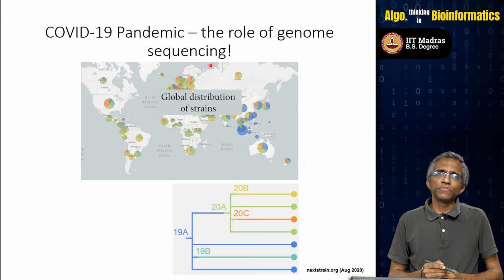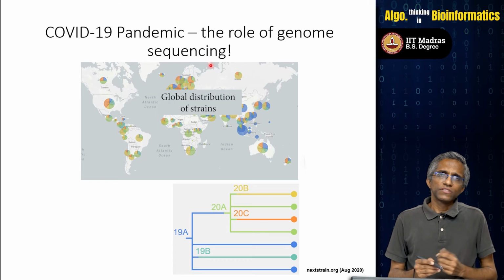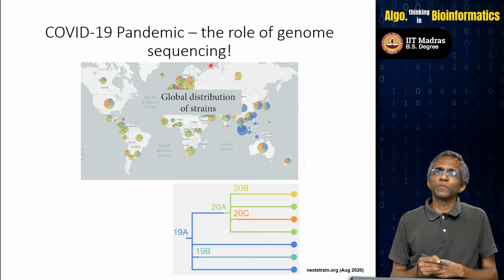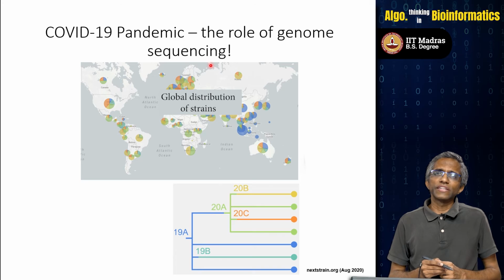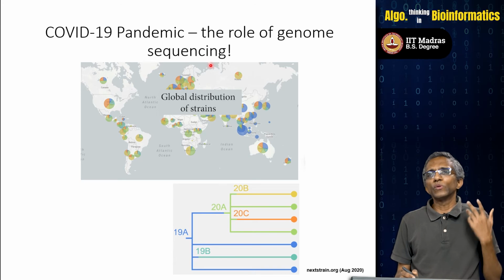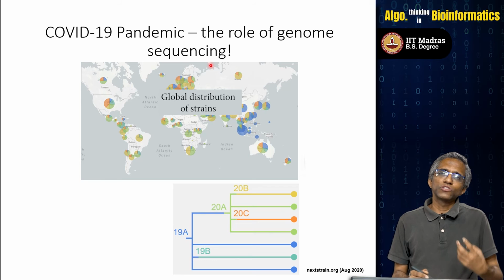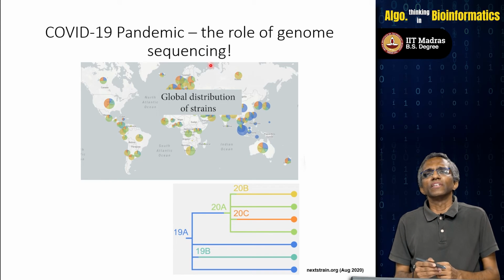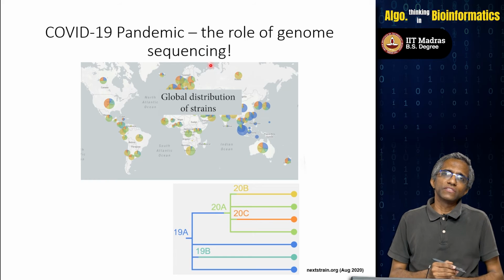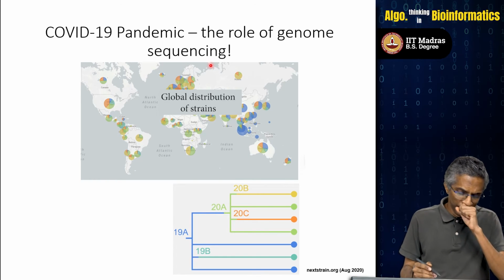Within a few days of the widespread announcement of the disease, we were able to find the causative agent of the disease. This is an infectious disease that was spreading rapidly, and within a few days, because of the sequencing technologies, researchers were able to identify that this is a respiratory disease caused by an underlying virus. They sequenced it and said that it belongs to the SARS family of viruses.